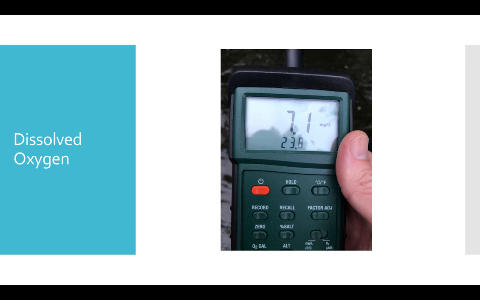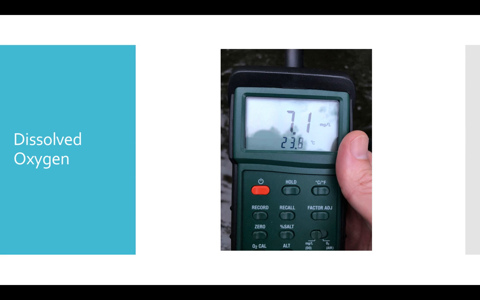So what we look at is this number here, which is the total amount of dissolved oxygen. The number down here is actually the temperature of the water, and they are correlated. The amount of dissolved oxygen is expressed as a concentration. This concentration is 7.1 milligrams per liter.